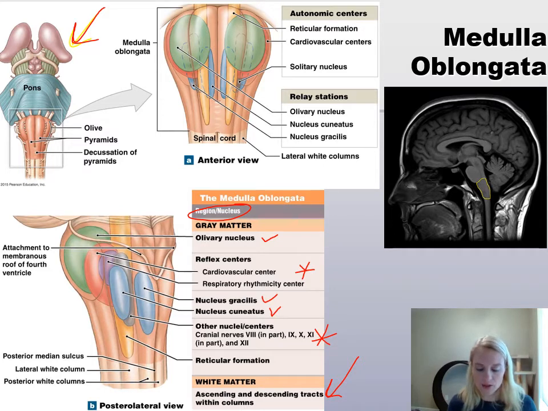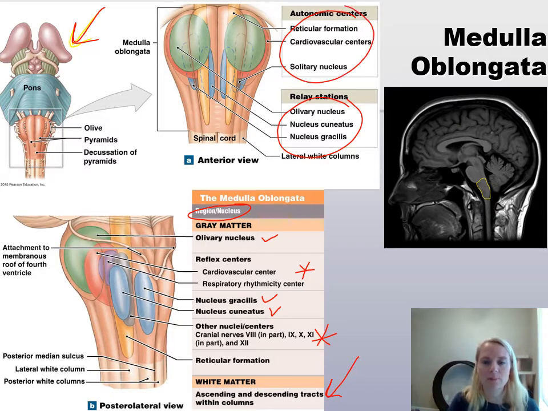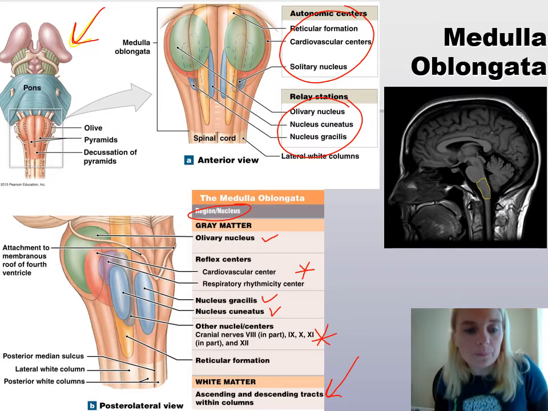And then solitary nuclei receive and relay visceral sensory. So we had the other nuclei for somatic sensory, and now we have the solitary nuclei for visceral sensory. All right, so then here's another, relay stations, autonomic centers. They put that solitary nucleus in there with the visceral sensory as well.